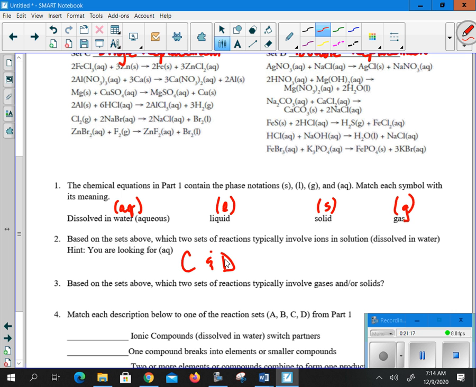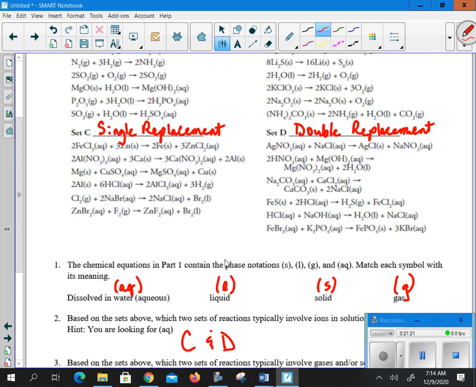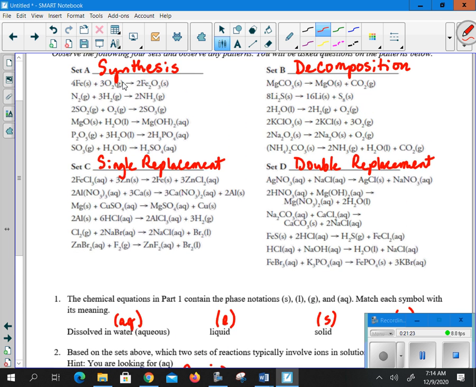Based on the sets above, which two sets of reactions typically involve gases and or solids? We got a lot of gases and or solids in the synthesis reactions, and in the decomposition reactions. We have some solids in the single replacement reactions, but not in all of them.